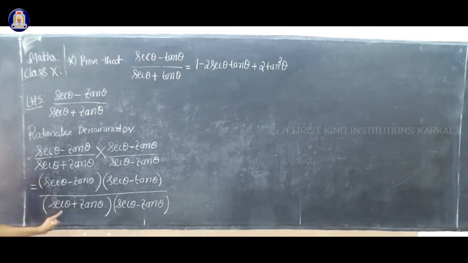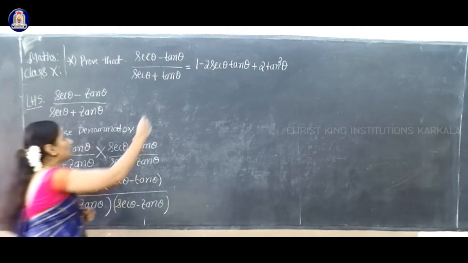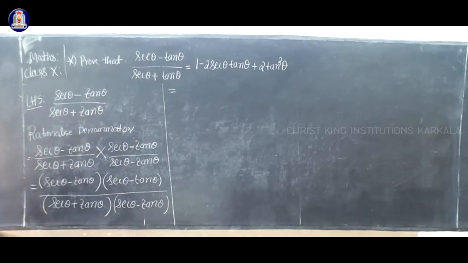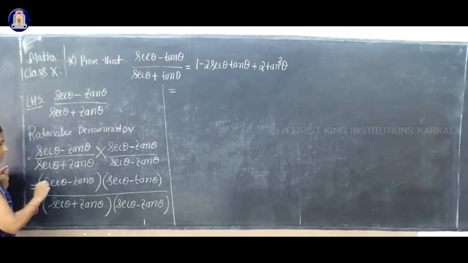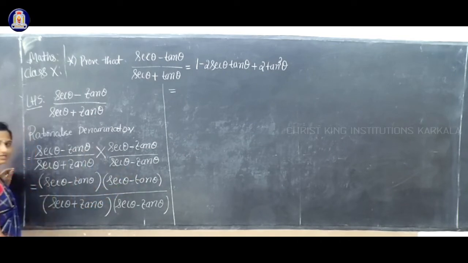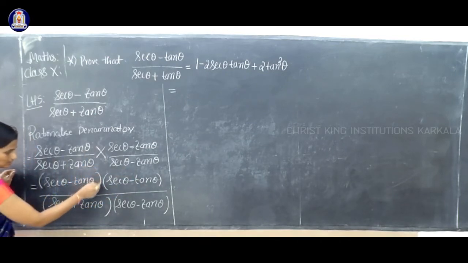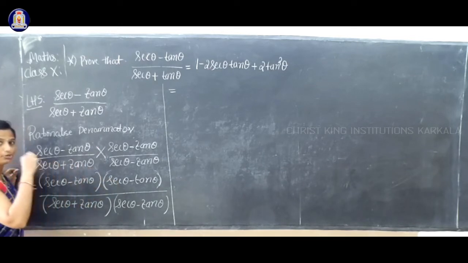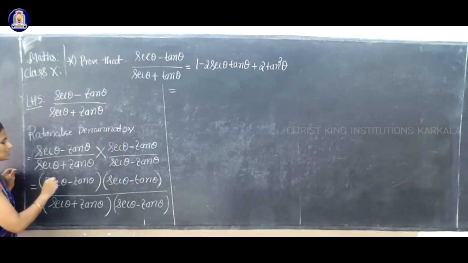Apply a ... repeated 2 times. That we can write as secant theta minus tan theta whole square.